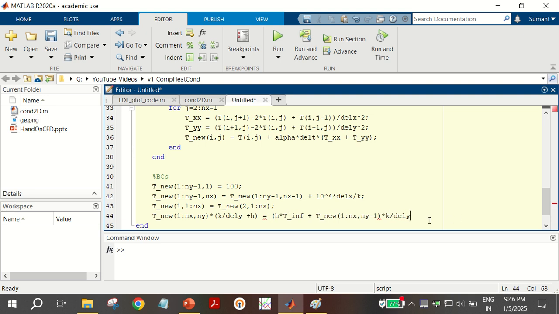Now you cannot write this equation like this. You are interested in the value T new, so you send this coefficient to the right hand side, where it will go into the denominator. So that's the thing.